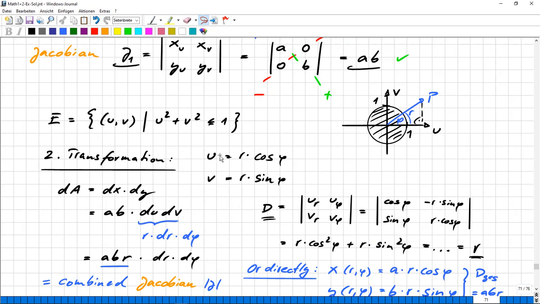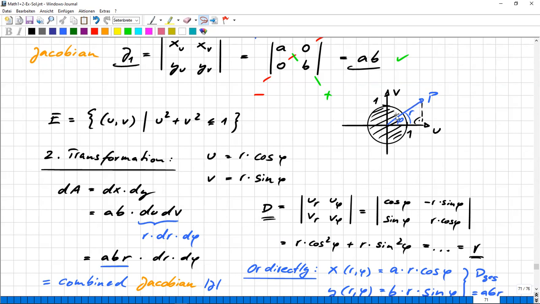They have been new, but now I call them old. The old u equals r times cosine of phi. So r and phi are our new coordinates now, introducing polar coordinates. And of course, the horizontal coordinate will be radius, distance from the origin, times cosine of phi. You know how phi is defined, as you see it here, for any point P.